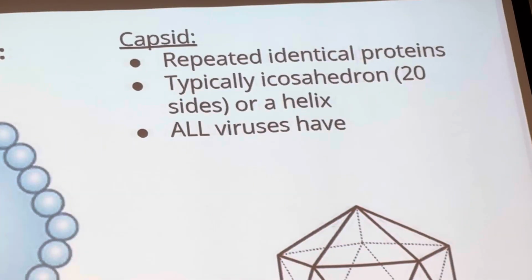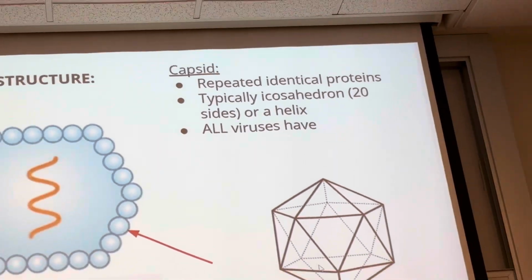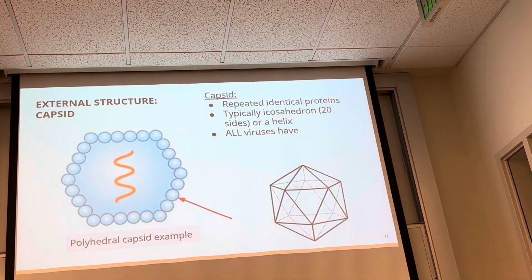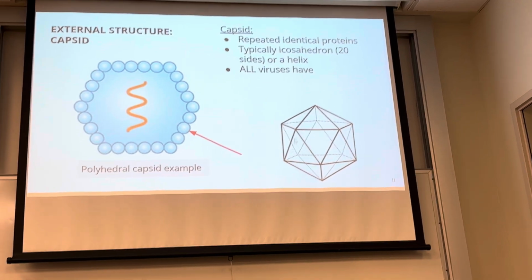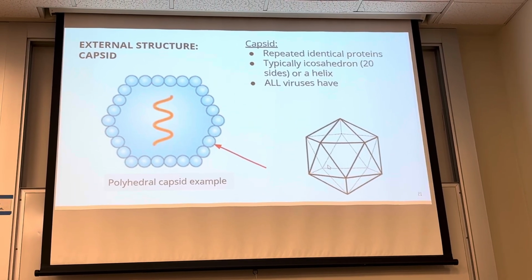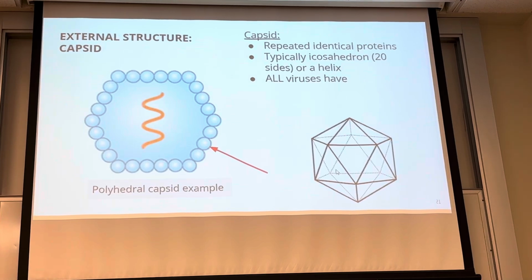Capsids are repeated proteins. That's all they are, the same protein repeated over and over. But don't forget, this is a three-dimensional shape. Some have different numbers of sides, some have 20 sides, some have more or fewer, depending on the type of virus. We're not going to memorize any of those. Just know that they're polyhedral, many-sided.